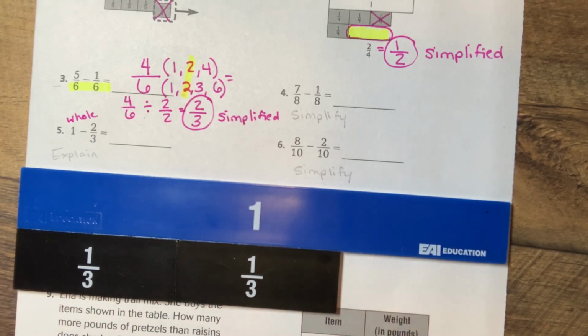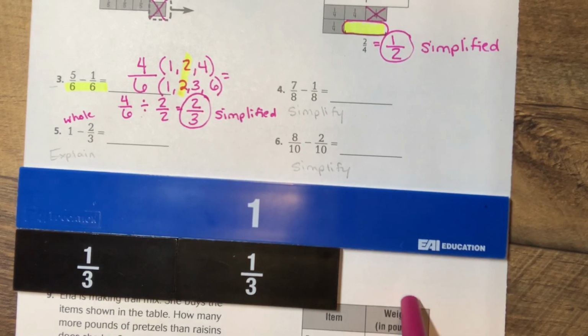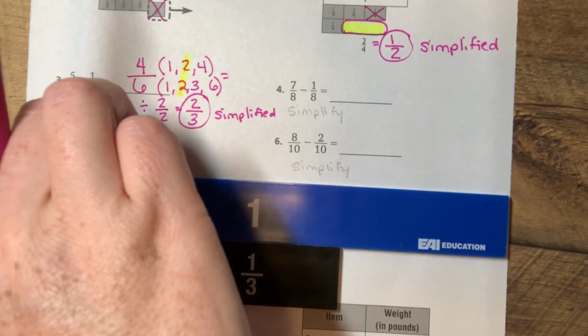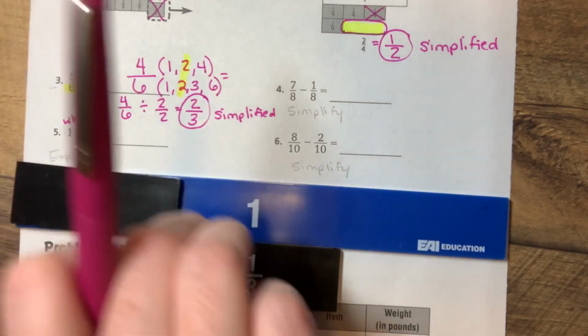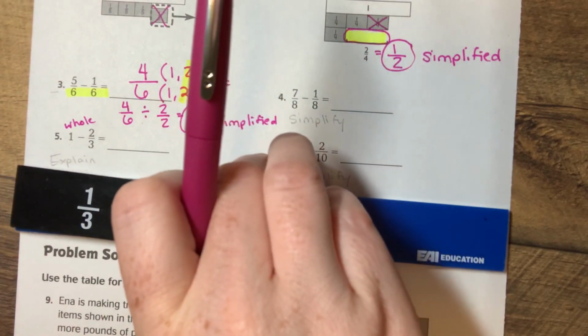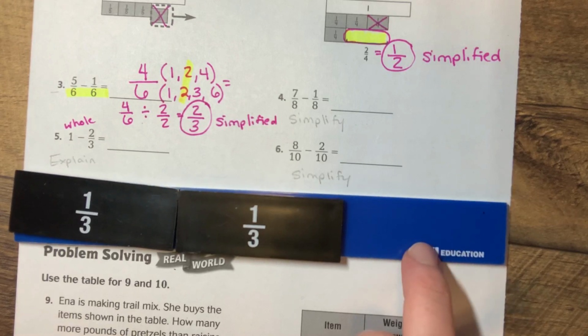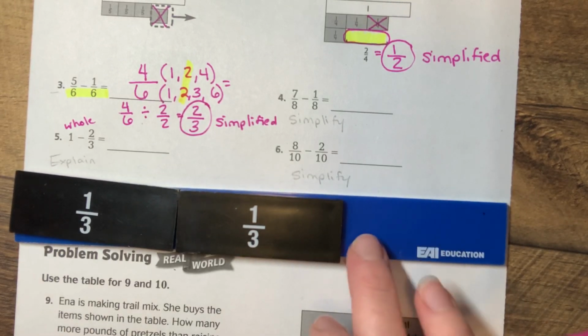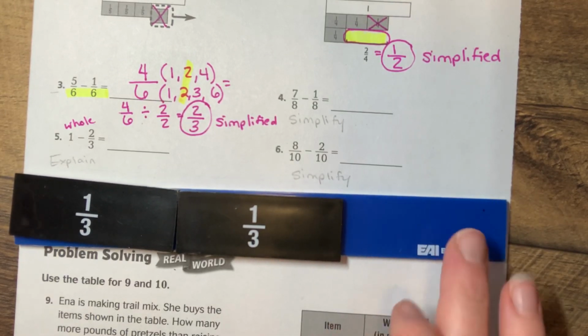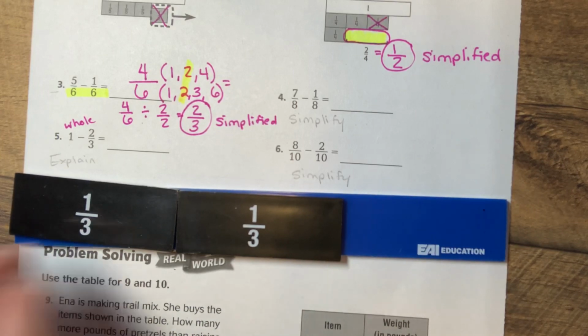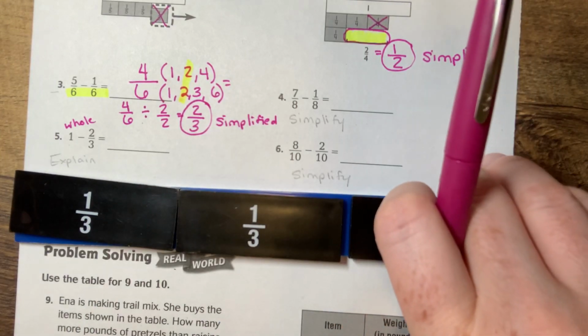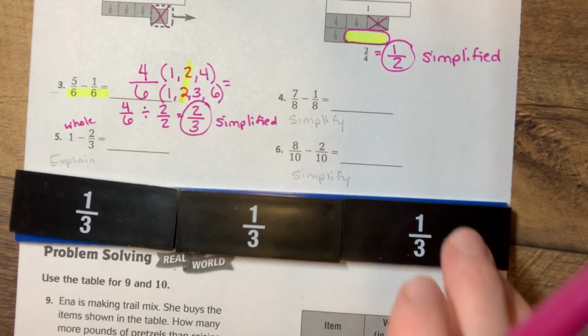We want to know what is left over. So this 1 whole, I'm going to take away 1/3. I'm going to take away 2/3. What is left over? Well, what's the space that's left over? Perfect. Just the room for that last third.